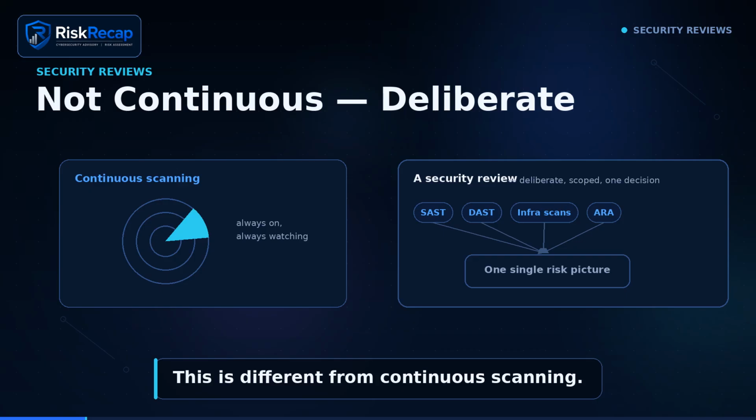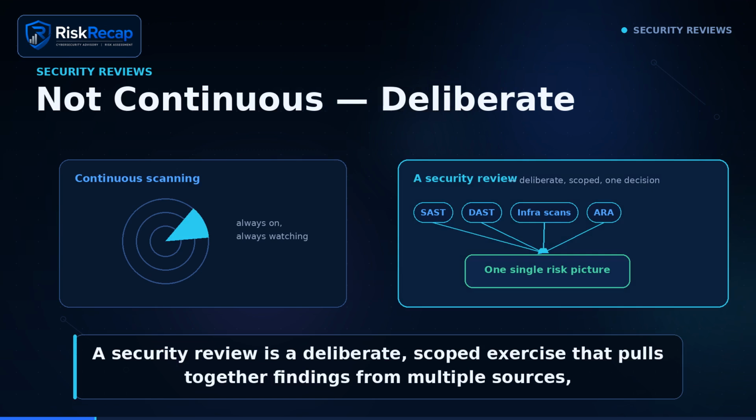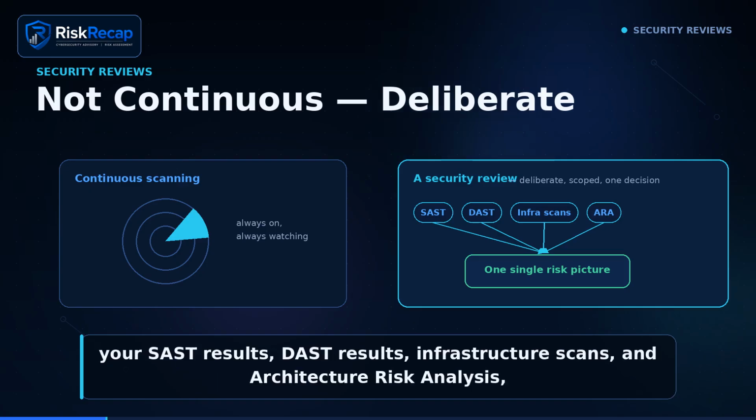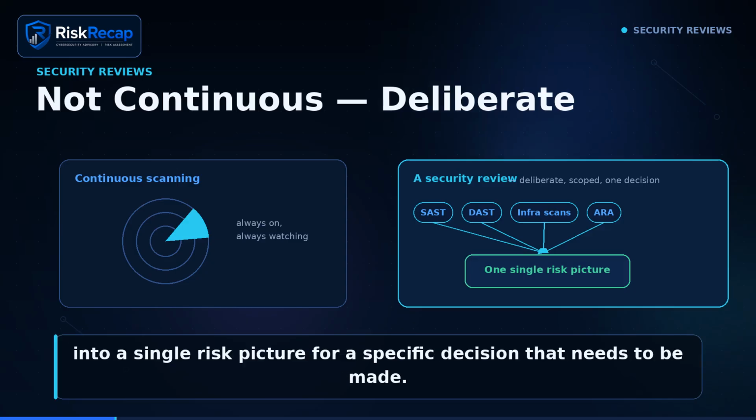A security review is a deliberate, scoped exercise that pulls together findings from multiple sources: your SAST results, DAST results, infrastructure scans, and architecture risk analysis into a single risk picture for a specific decision that needs to be made.